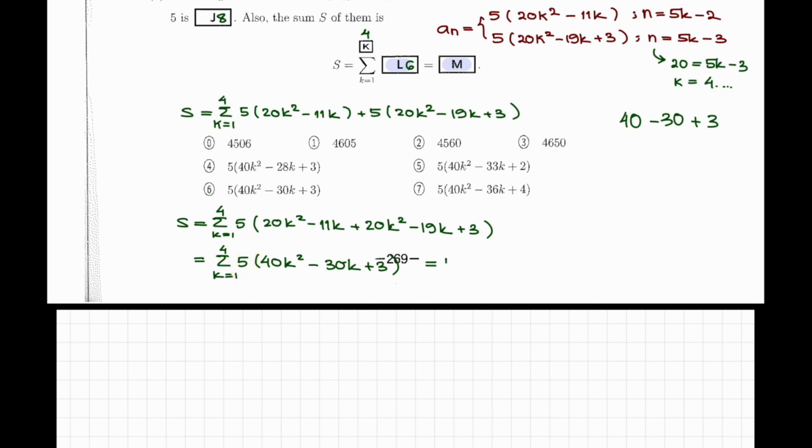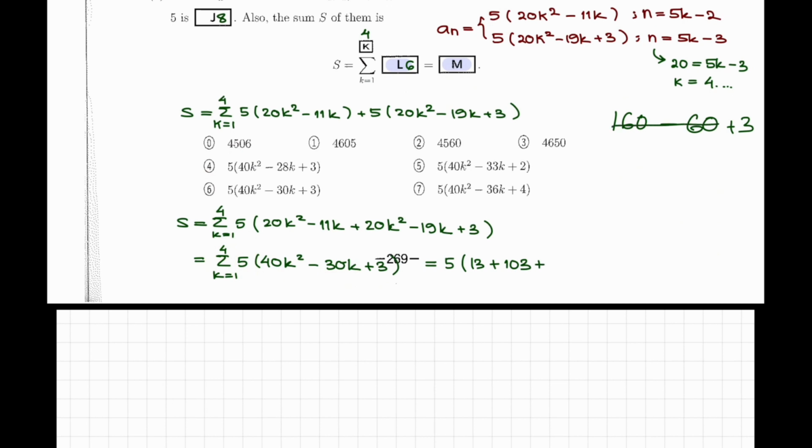I will write 5 outside the bracket. 13 plus, if you substitute k by 2, you will get 40 times 4, 160, minus 2 times 30, 60, plus 3. Then you will get 103 for the second term.